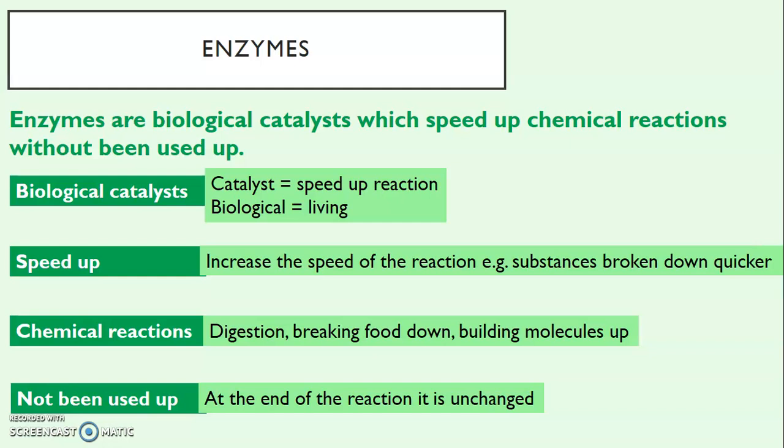We tend to think in terms of enzymes, digestion, breaking food down, building molecules up. And finally, not being used up. So at the end of the reaction, this enzyme is unchanged. It isn't involved in the reaction in full. So all it does is it speeds it up, and then you've got an enzyme at the end ready to go again.